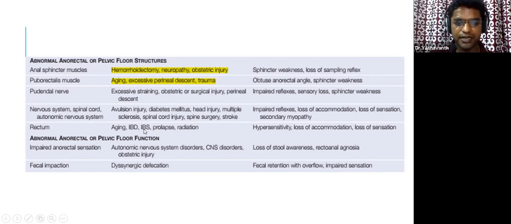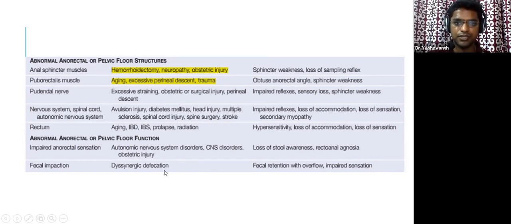The rectum can be involved in IBD, IBS. It's more common in IBD proctitis, where you tend to see that the lower rectum is involved. These patients might have some incontinence. And abnormal pelvic floor function you get to see in ANS, CNS disorders and obstetric injury, and even with fecal impaction.